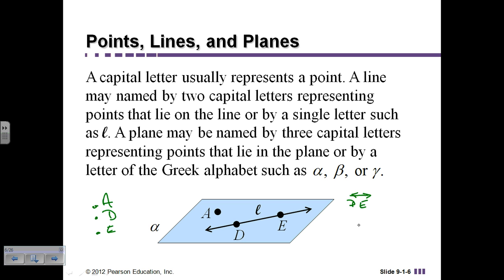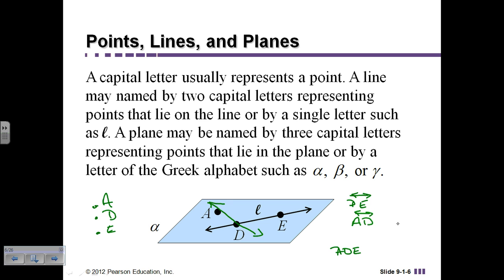We could actually say that we could create a line from A to D, because any 2 points that we have in the picture form a line. So if I wanted to, I could come over here and draw a line from A to D. We have a plane, and the plane that we have here is ADE.